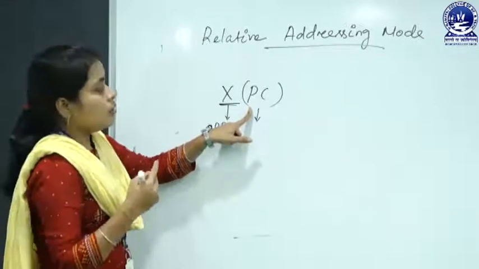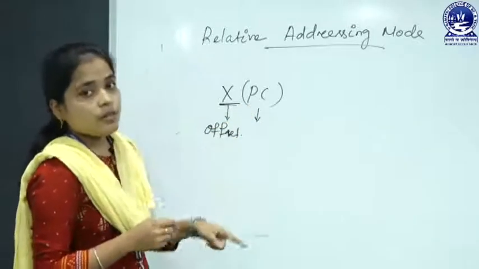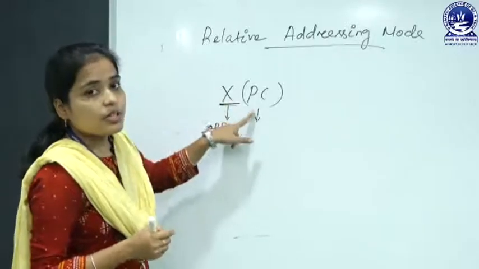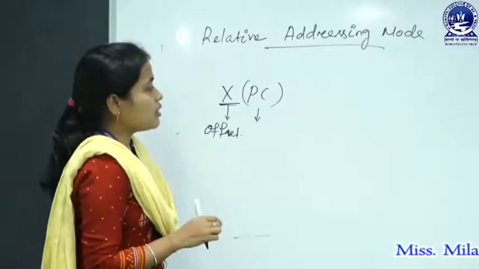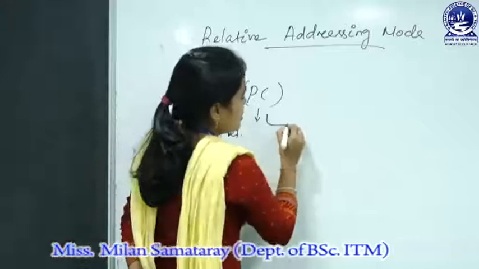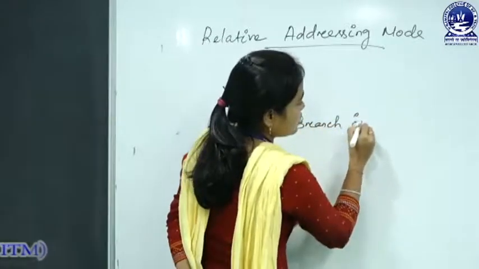So, to calculate the effective address for relative addressing mode, we add the constant value with the content of PC to get the new memory location, or the address of the operand. So, it is used in branch instructions.